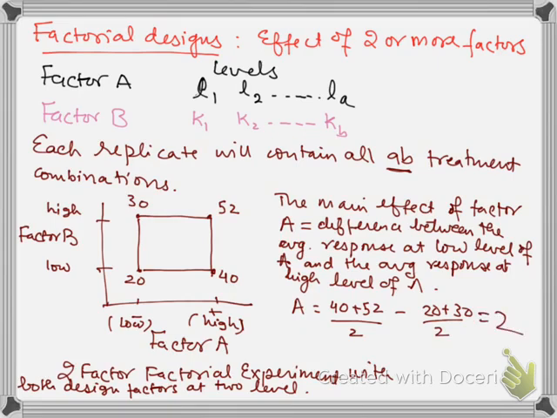That is, increasing factor A from low level to high level causes an average response increase of 21 units.